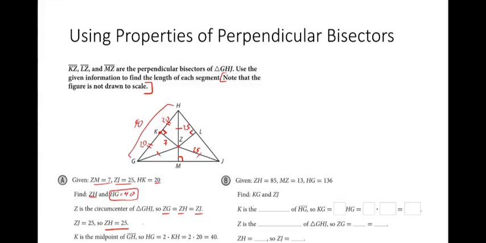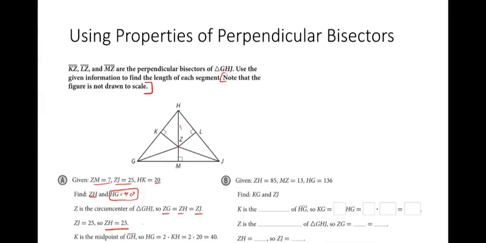All right, so we're going to change it up here. Hopefully you got everything down from that problem, because I'm going to erase my work up here. Now I'm going to start off with another example. Okay, part B. So let's start with what was given. ZH is 85. Ooh, big numbers.